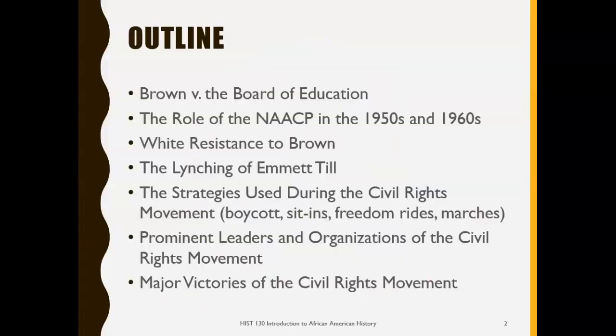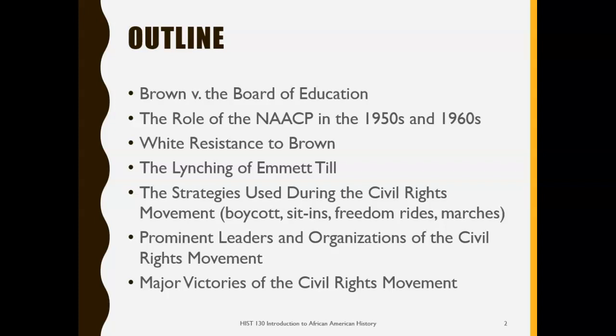In this lecture, we will focus on the fight against racial segregation, racial inequality, and disfranchisement of African Americans during the 1950s and 1960s. So we will start with a major victory over racial segregation in public schools under the Brown versus the Board of Education case.